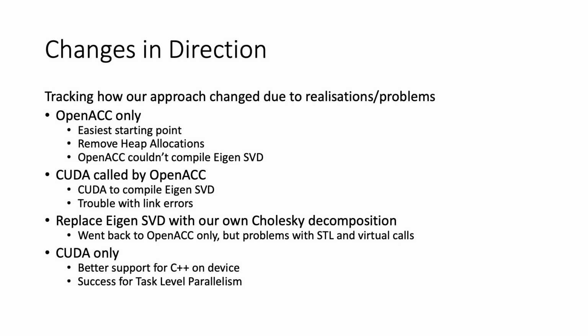Eventually we ripped out the Eigen implementation and we replaced it with our own alternative, which was faster, just a couple of screenfuls of code, basically C code, and then went back to try and do OpenACC only, and that's when we realised we had all these other issues with using the STL.